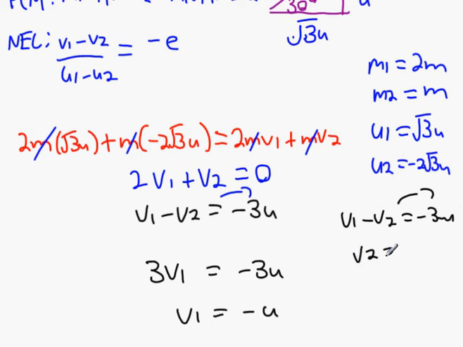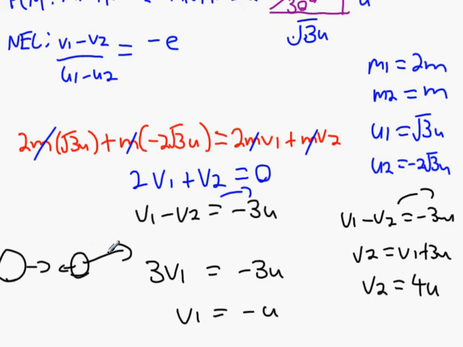Phi2, therefore, equals phi1 plus 3u. Phi2 equals 4u. Is that right? Now that's sort of what we'd expect, is that a heavier object collides with a lighter object, and the lighter object is coming out the opposite direction much faster than the heavier object is. That generally happens a lot.